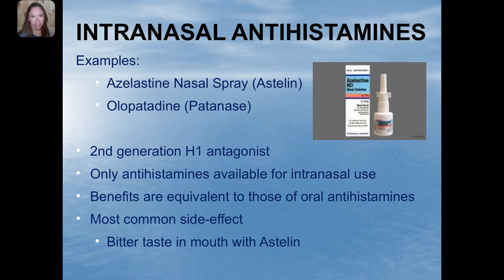So we have Astelin and Astepro that are going to be intranasal antihistamines. Again, they're giving the benefits of relieving the signs and symptoms of allergic rhinitis other than the nasal congestion. So we are seeing a good benefit.